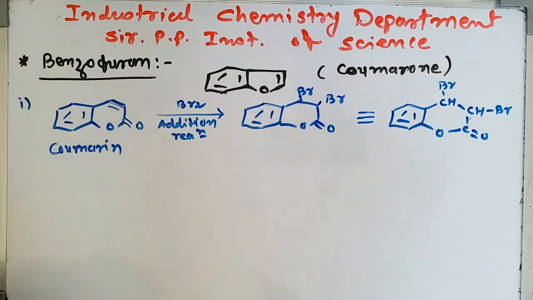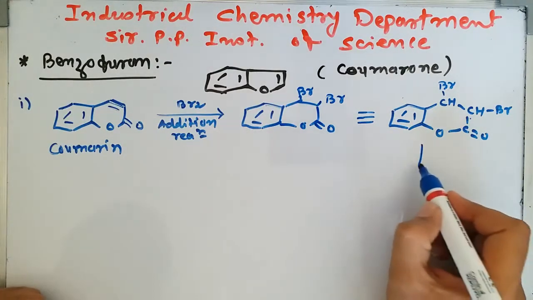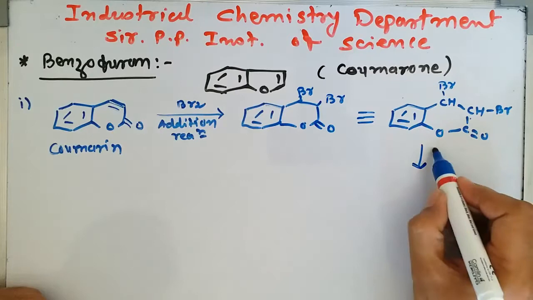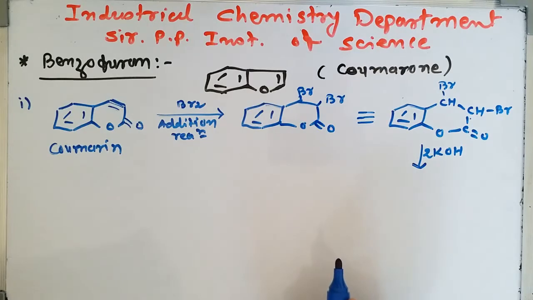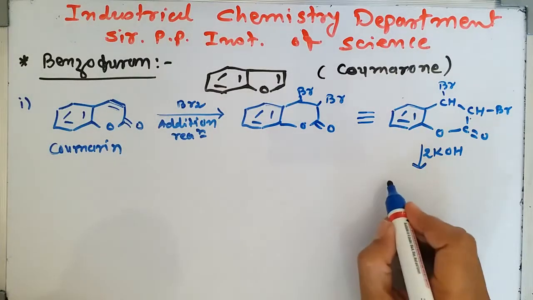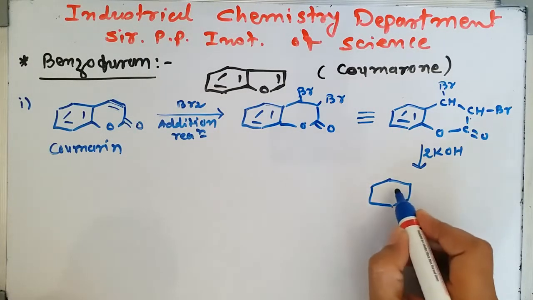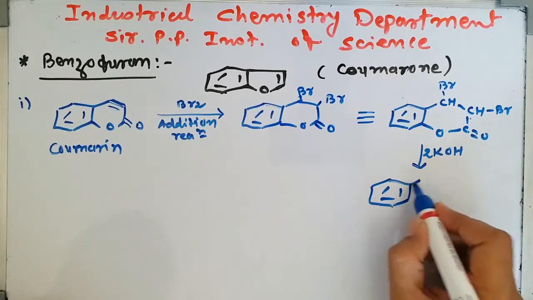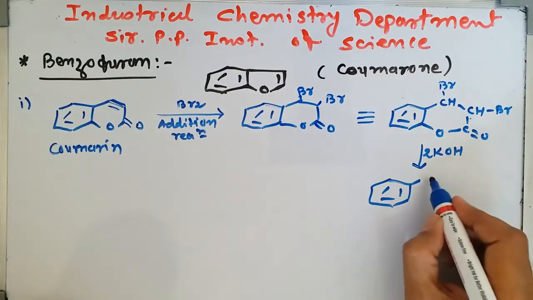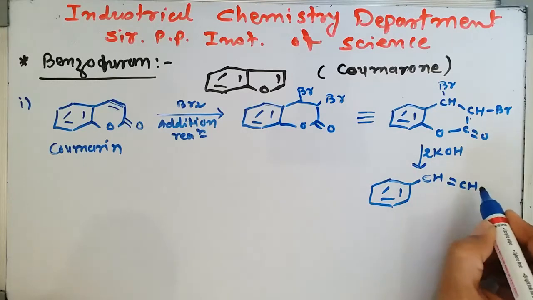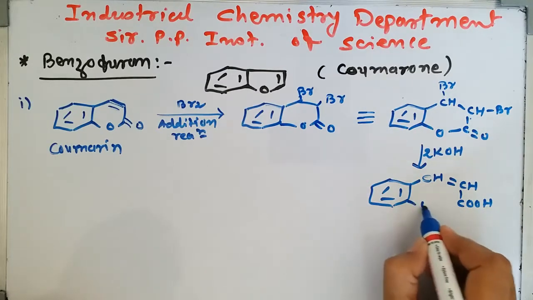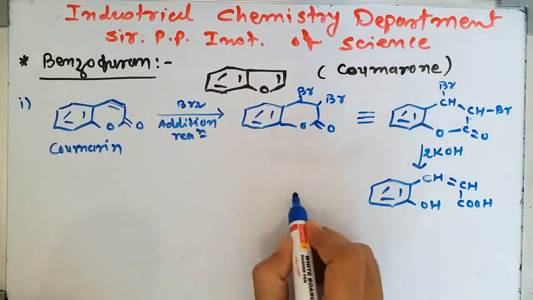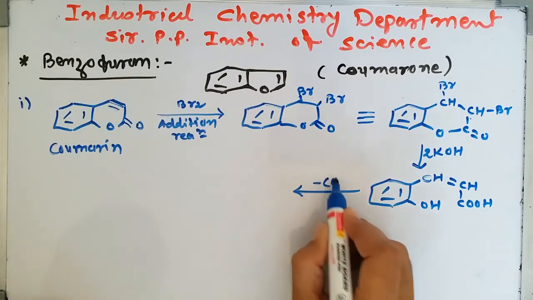So it is treated with 2 moles of potassium hydroxide. The ring is opened and we get a derivative of benzofuran, and decarboxylation takes place.